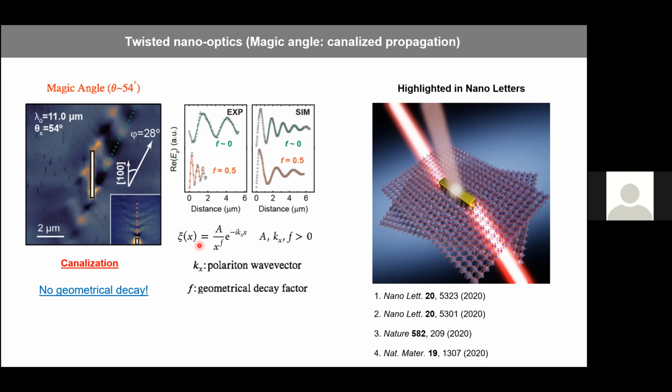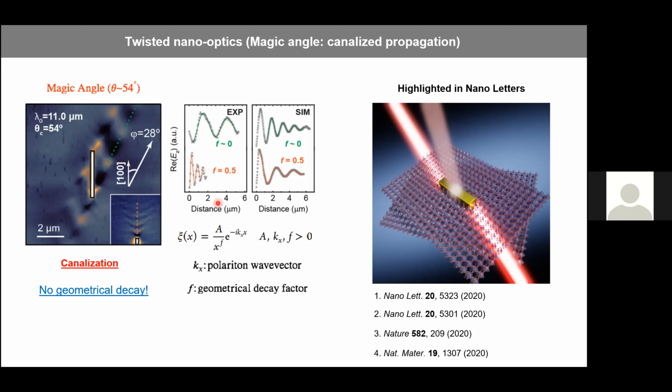We use this equation to fit this experimental result. And if you notice, the F here is the factor that determines the geometrical decay. So we can find here in the canalization regime, F equals 0, compared with the case F equals 0.5 in the hyperbolic propagation.